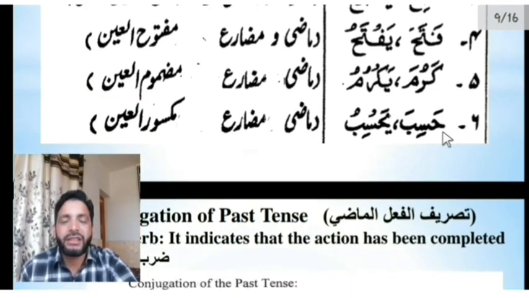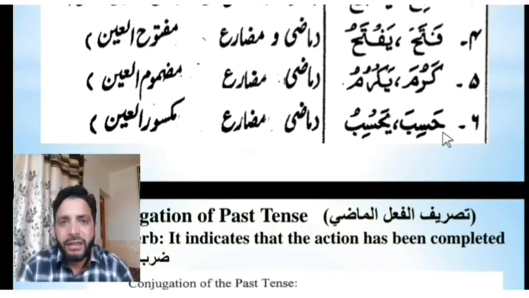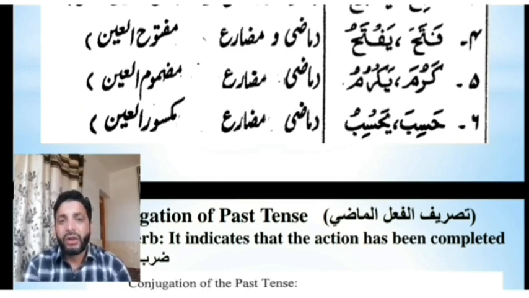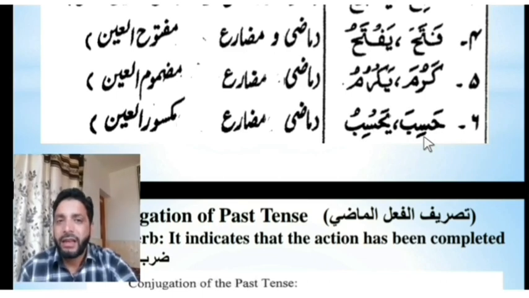Now the last and final balance or bab of this sulasi mujarrad is hasiba yahsibu. Hasiba, sami'a. So this sin is in place of mim. This sin is in place of ain. Hasiba, fa'ila. Sin is in place of ain.